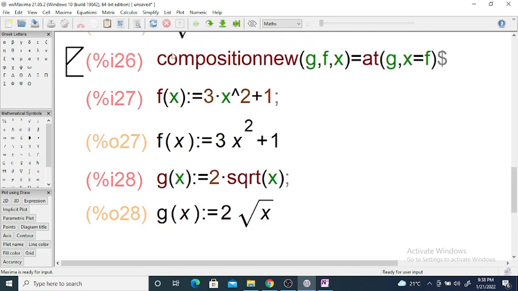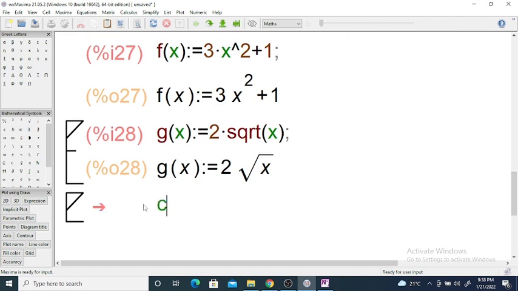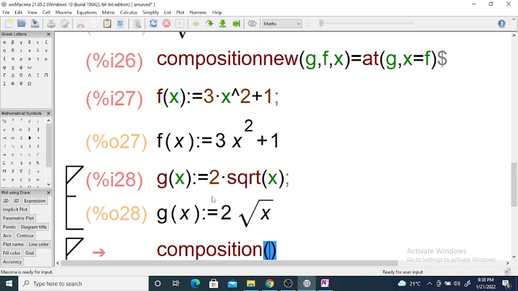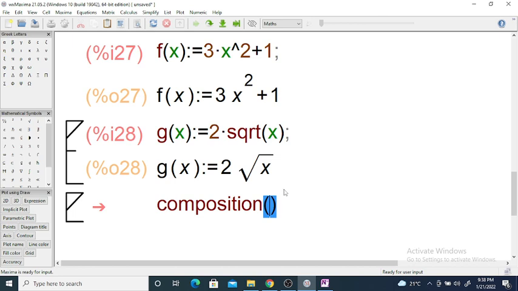Now we are going to call this user defined function, composition of f of x, f of g of x. So f of g of x is what? That is f of x, then g of x, and then x.